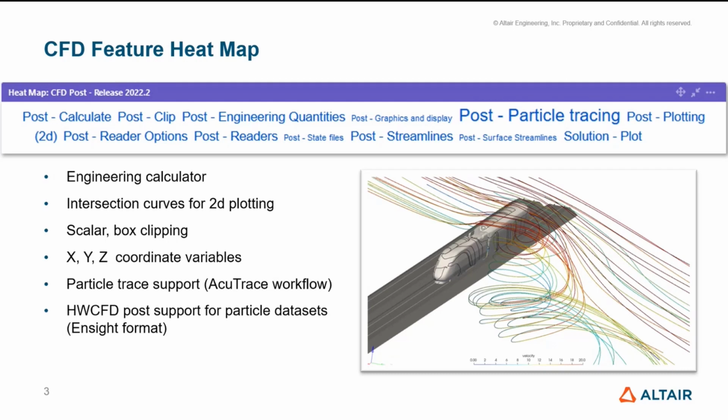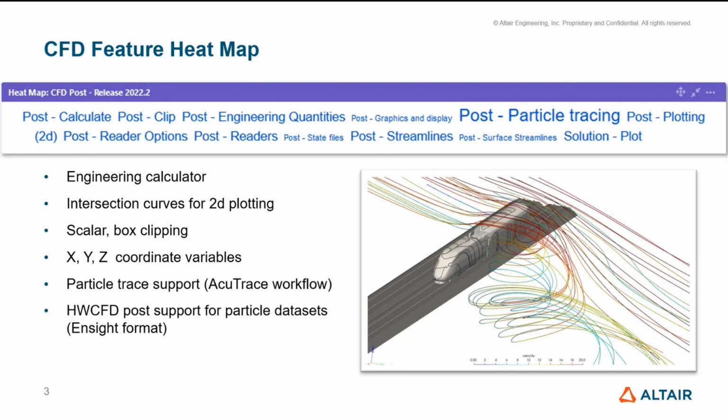For 0.2, we knew we needed some more information and a feature to cover what engineers typically rely on when they make their CFD simulations. So we've added an engineering calculator, which I will go through individually. In addition to that, we also now have the capability to do intersection curves for 2D plotting.